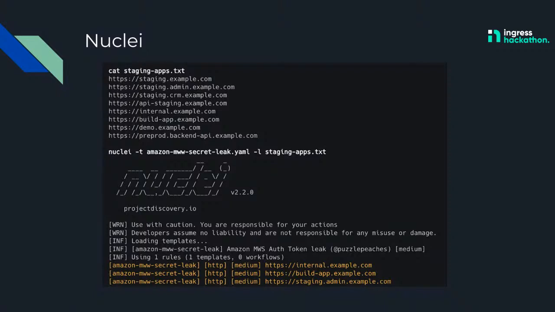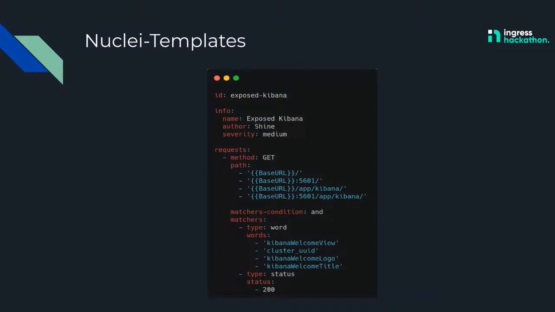Nuclei is a good tool for automating all different types of attacks. And for Nuclei templates, you use YAML, a markup language used for configuration files. So you can create your own custom templates for finding vulnerabilities.